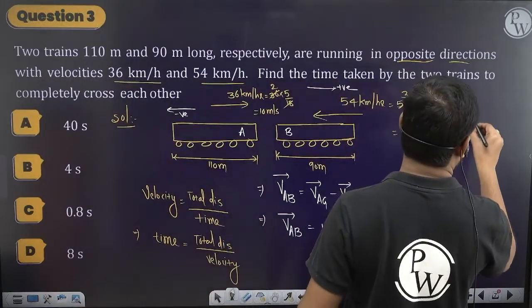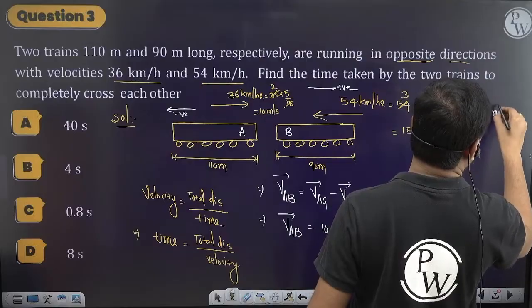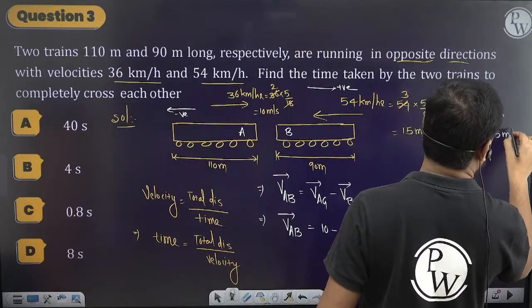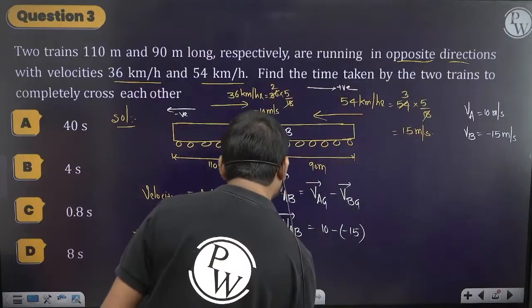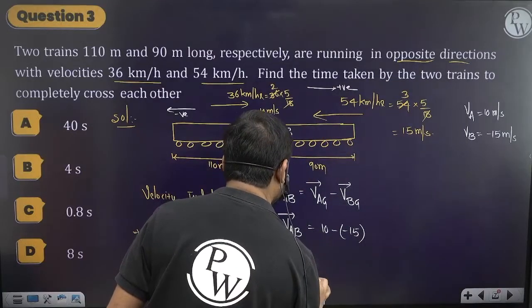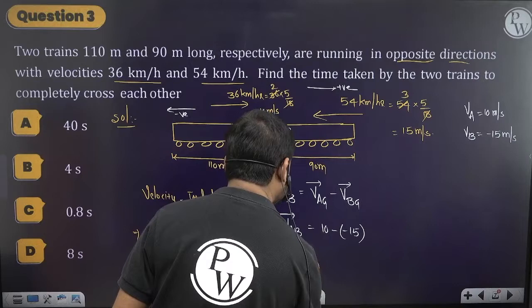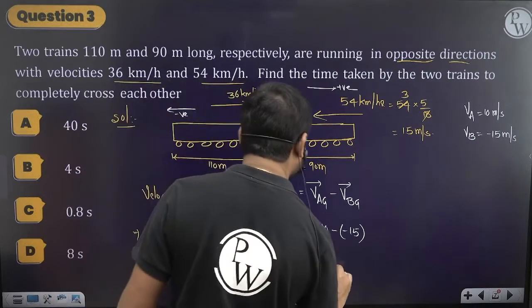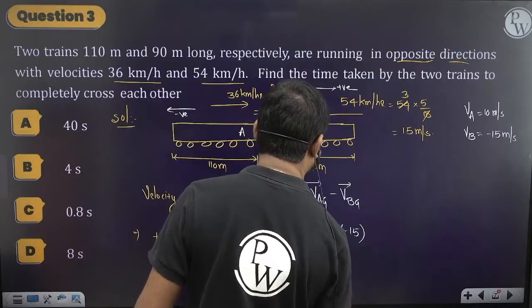So the velocity of A is equal to 10 meter per second, and the velocity of train B is equal to minus 15 meter per second. Therefore the total relative velocity, V relative, whether it is A with respect to B or B with respect to A, is equal to 25. Yes or no? This we got.